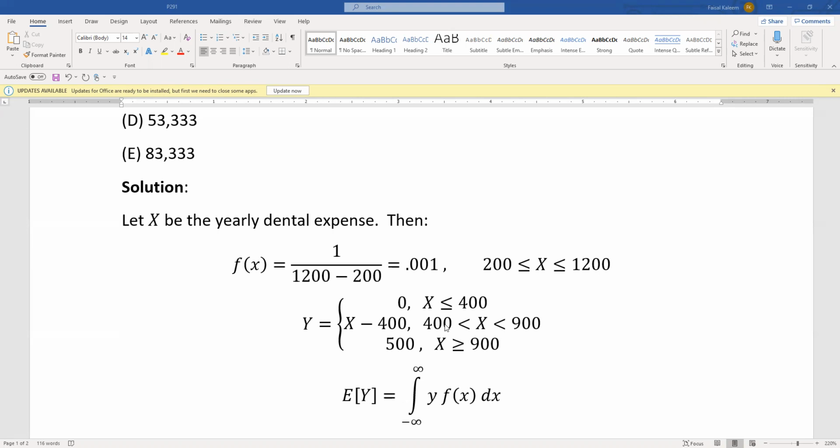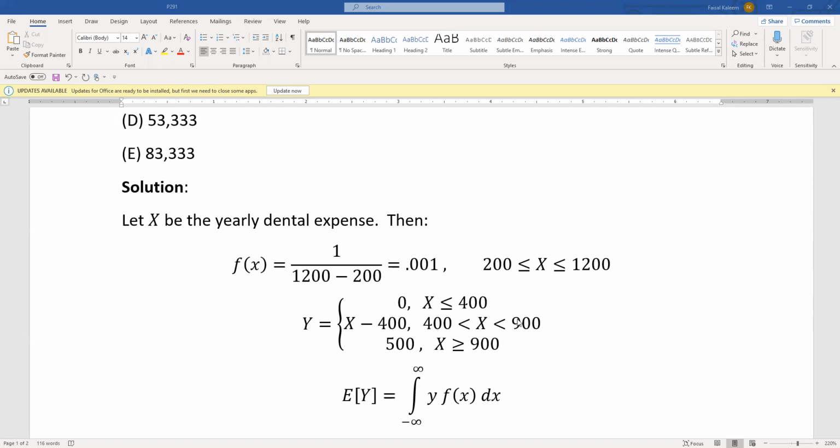So if the expense is 400 to 900, and the reason we stop at 900 is that it pays in excess of 400. If the total expense is 900, then 400 of that is taken care of by the primary insurance, and then 500 is left. Beyond that, it doesn't cover.